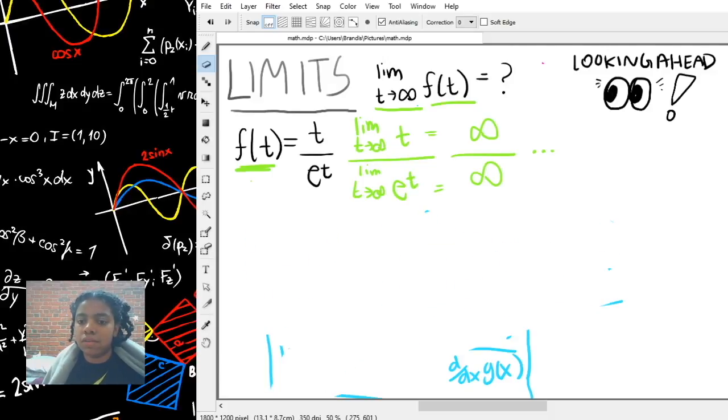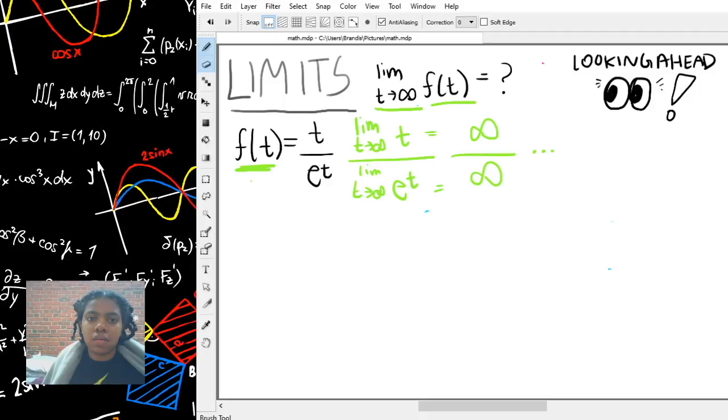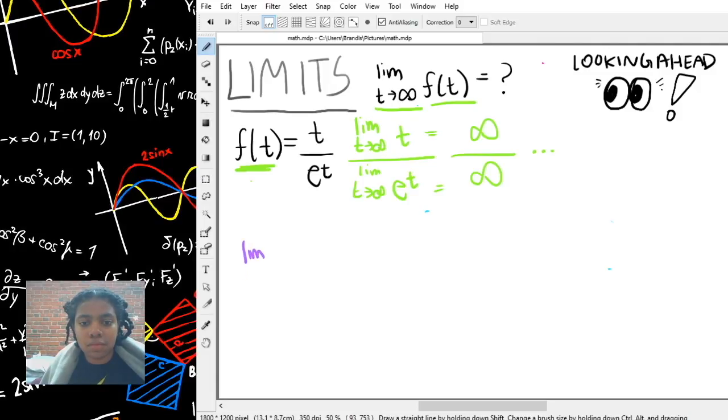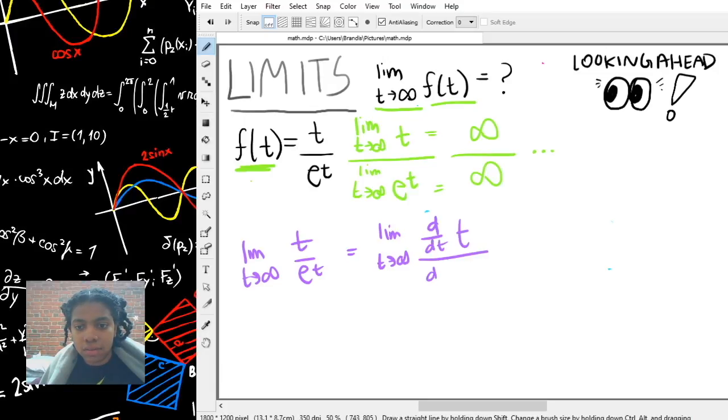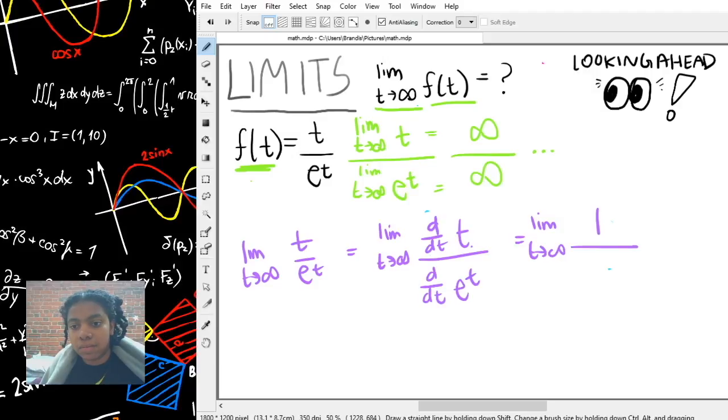But if we wanted to do that sneak preview, the limit as t goes to infinity of d/dt of t over d/dt of e to the t is just the limit as t goes to infinity of 1 over e to the t, since this derivative is just 1 and this derivative is e to the t.